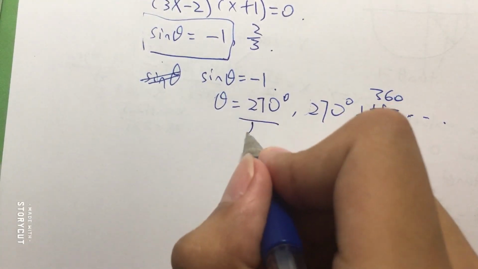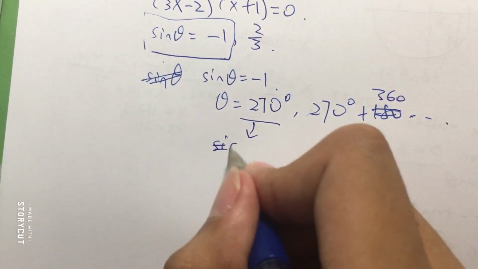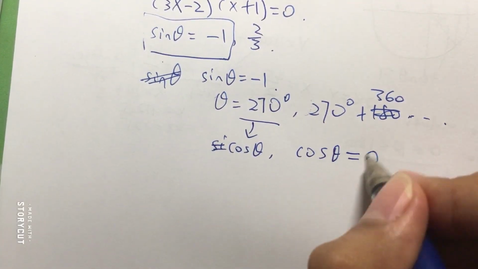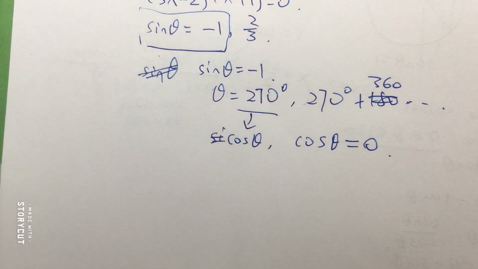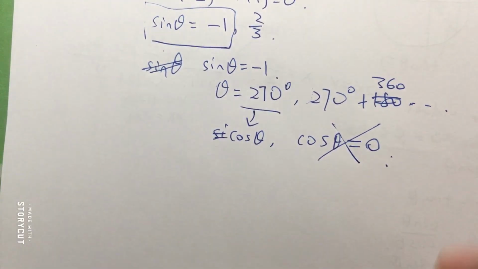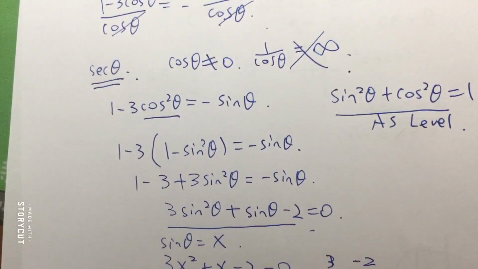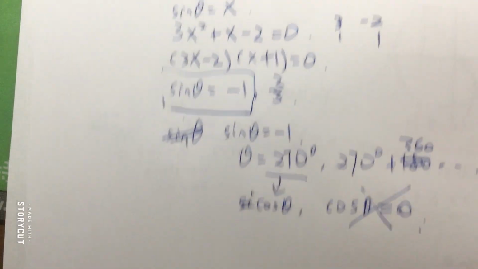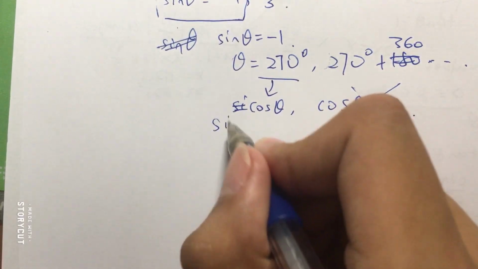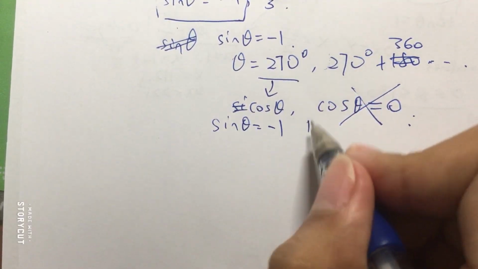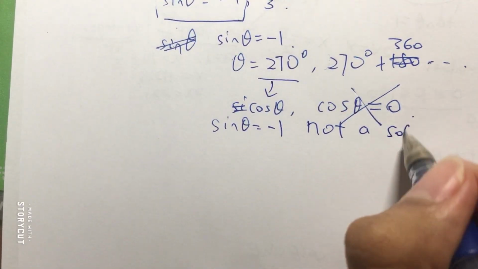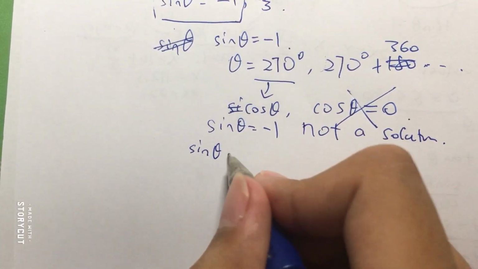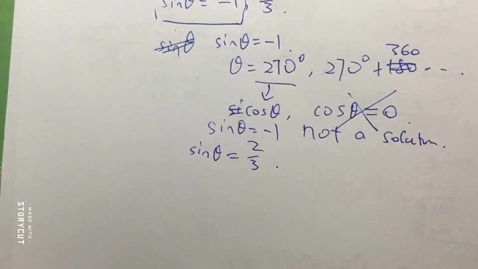Well, when you substitute this value into cosine theta, cosine theta will equal 0, which is not satisfied because here we have assumed that cosine theta is not equal to 0, which means sine theta equals -1 is not a solution. So what we are left with, sine theta can only equal 2/3.